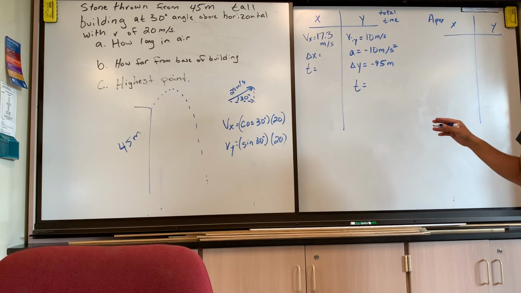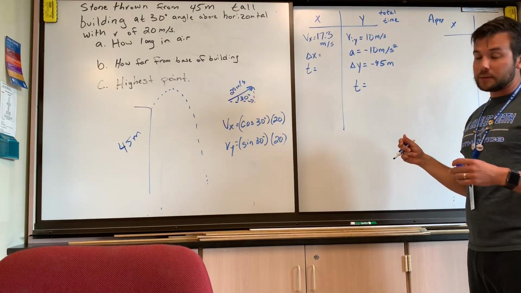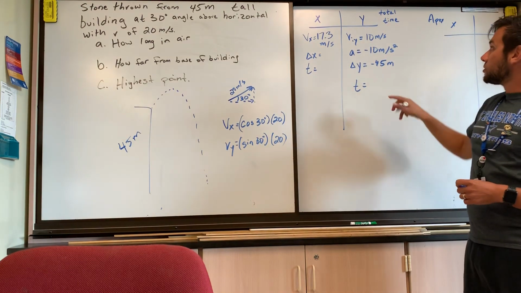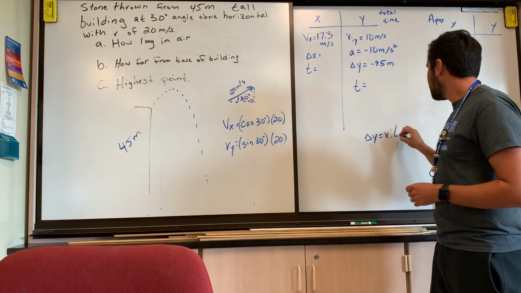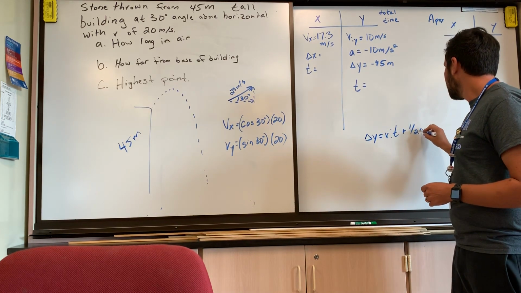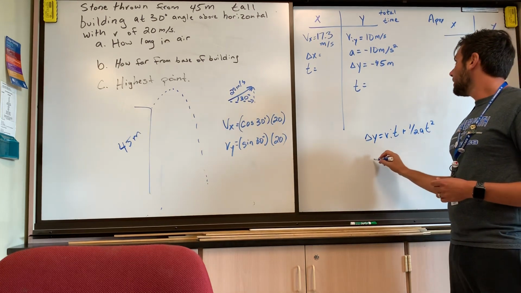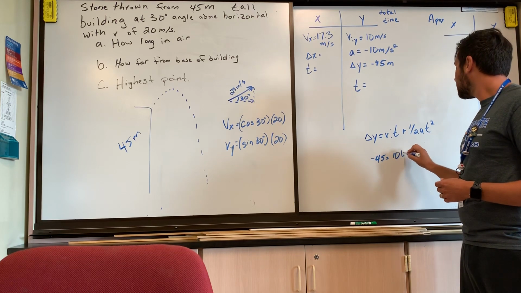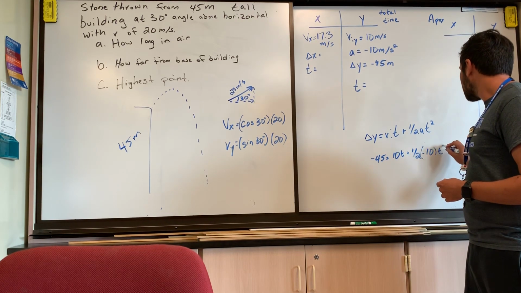There's one thing that I could do that would make it go relatively quickly. For this column, I could use the equation delta y equals VIT plus 1/2 AT squared. Then I can say negative 45 equals 10t plus 1/2 times negative 10 t squared.